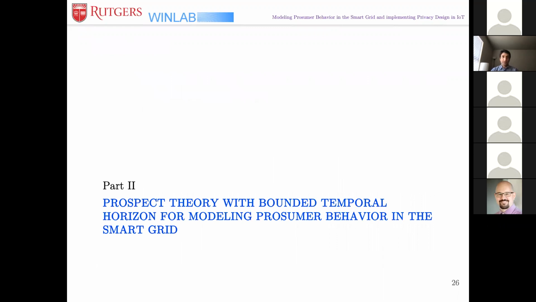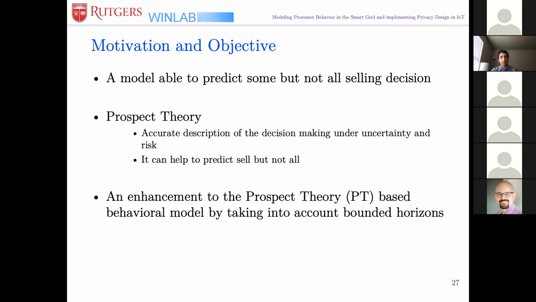Part 2: prospect theory with bounded temporal horizon for modeling prosumer behavior in the smart grid. Based on the conclusion of the first part, we need to define a model that can predict some but not all selling decisions.